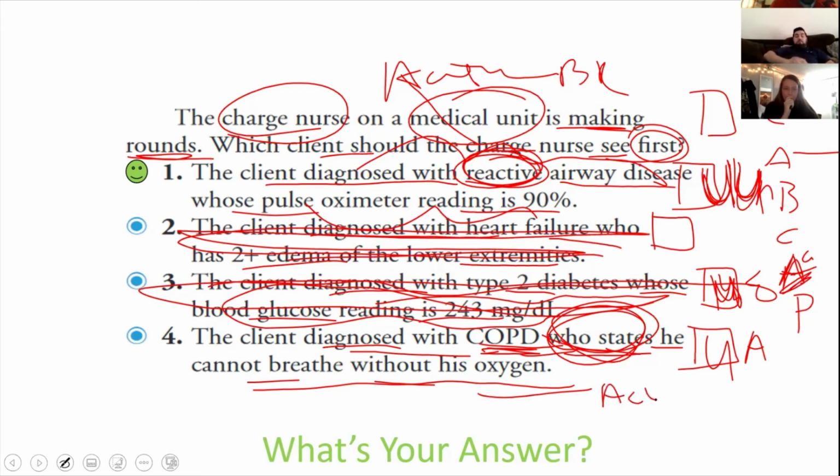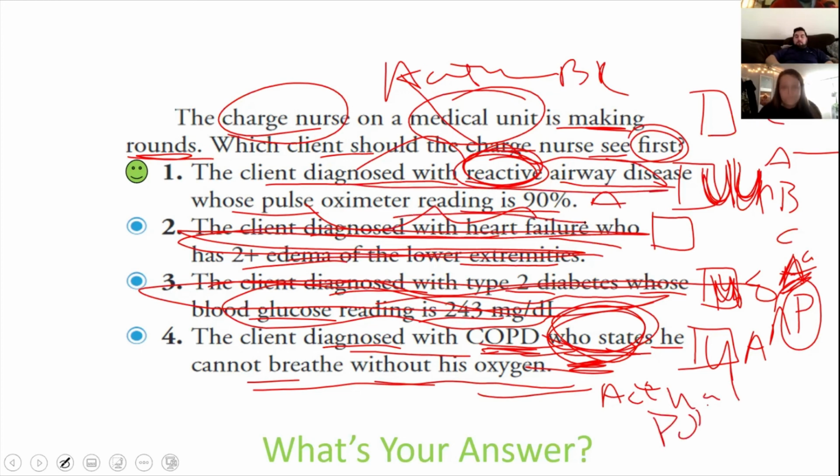So acute, chronic, these are both acute. Everybody's good with that? They're all acute? Because if you're not sure on this, I'm going to keep it. So we get to the last P, and that's what? Actual and potential. Is this an actual problem? Yes. Is this a potential problem?